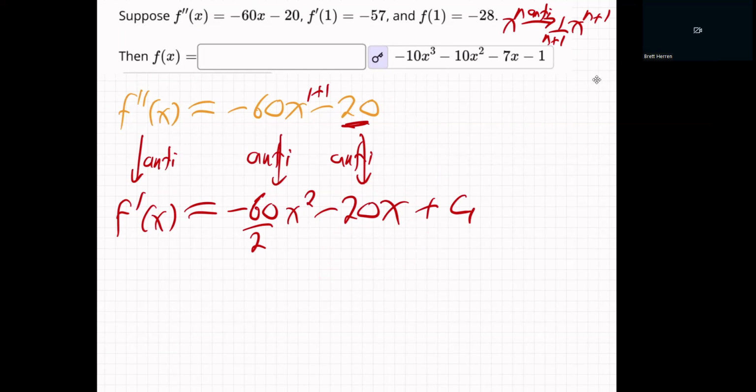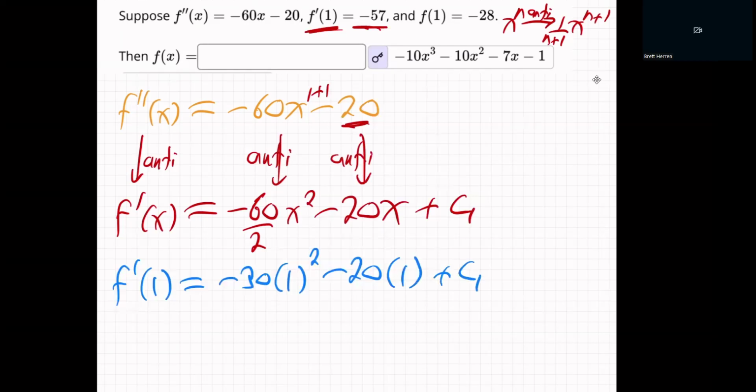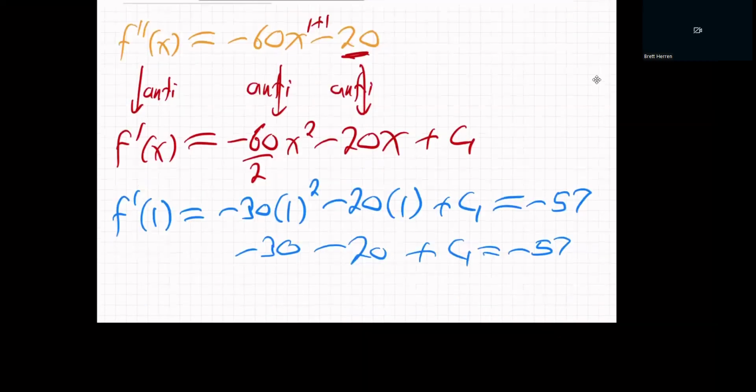So constant 1. Now, how do we find that? Well, they tell us f prime of 1 is negative 57. So when I plug in a 1, what's this going to be? Minus 30 times 1 minus 20 times 1 plus constant 1. They're telling me it equals minus 57. So I can use that to solve for constant 1. This will be minus 30 minus 20 plus constant 1 is minus 57.